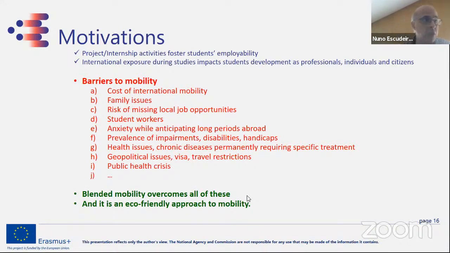So the approach that we are using is a very interesting solution to fix these problems. In particular, we have many students, mainly master students, that are working and studying in the evening. And for these students, it would be impossible to quit the job for 4 months and have this experience. And they can do this in this type of teaching environment.